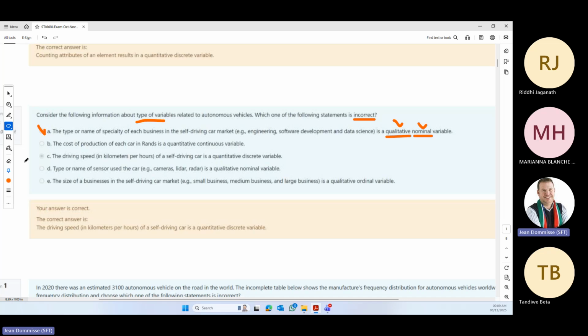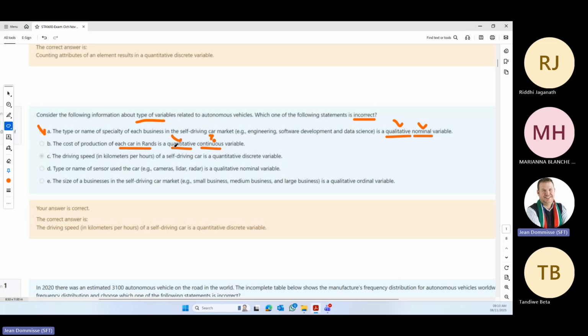We're looking for the incorrect one. The cost of production of each car in rands is a quantitative continuous variable. Okay, that one is interesting. It is quantitative. Continuous is an interesting one, but is it, because we can count it?